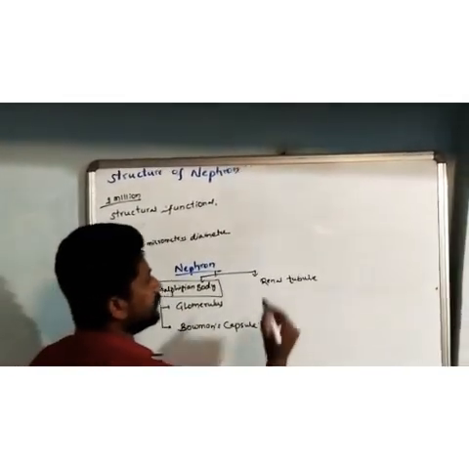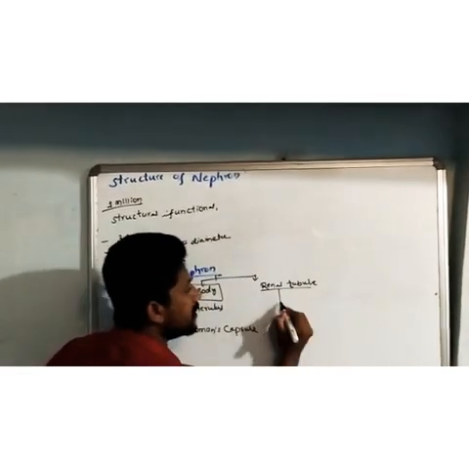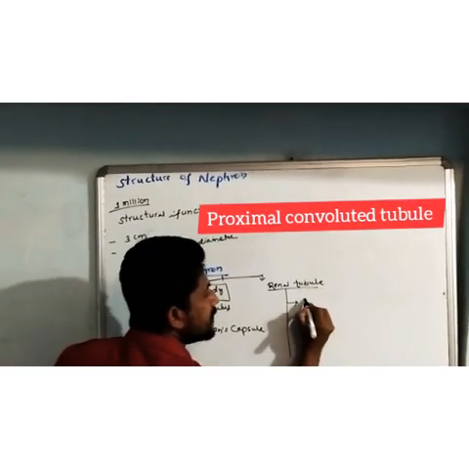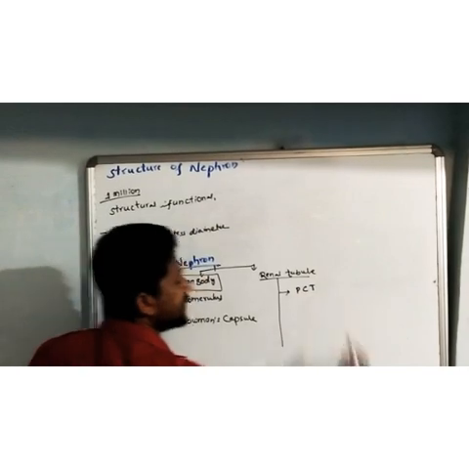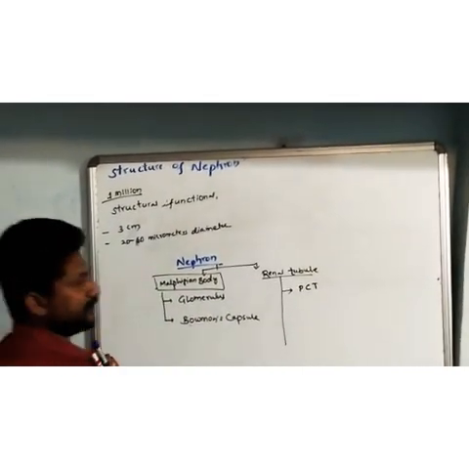The next portion, the renal tubule, has three major portions. That is PCT, which means proximal convoluted tubule.